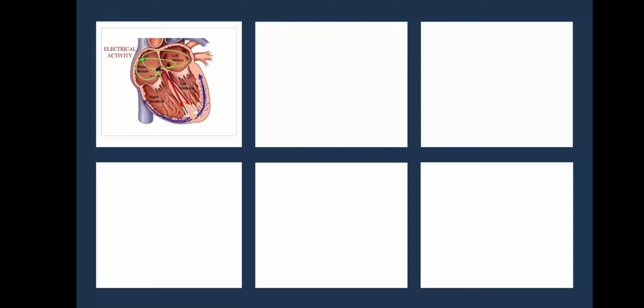Once all of the pacer cells receive the message, there's a coordinated effort that contracts the atrium. If you recall, the atria are the upper chambers of the heart. So as the impulse reaches both the right and left atrium, you get that nice contraction of the heart muscle. That's the lub dub. That's the lub in the lub dub.